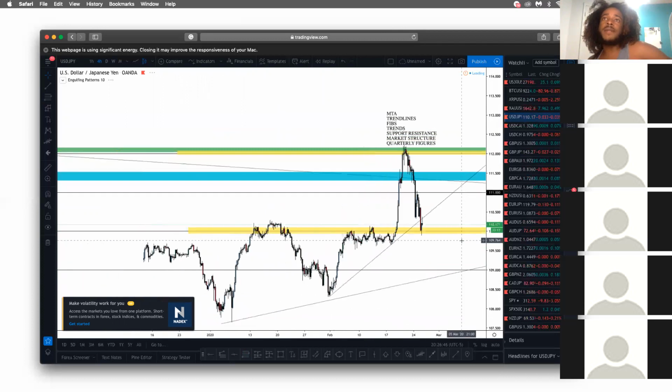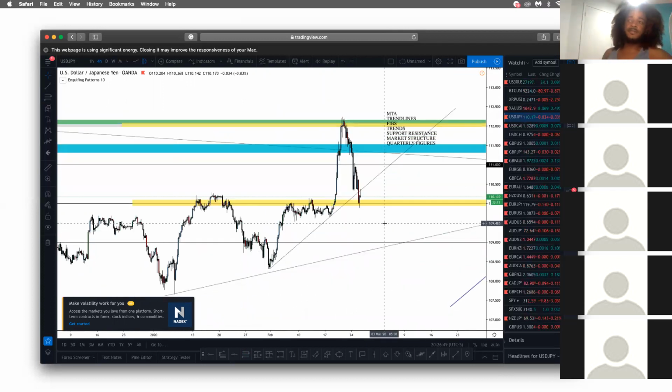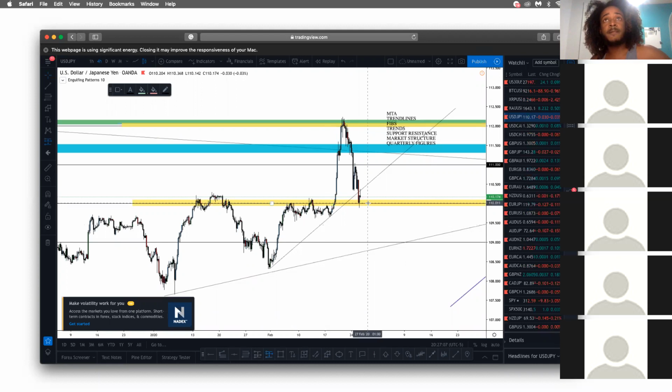So a lot of the times you mark up a chart. When you mark up a chart, you don't just enter a trade at the market price. Let's say you mark up a chart and you determine that the market's going to continue to go down. You don't just enter a trade at the market price, right?